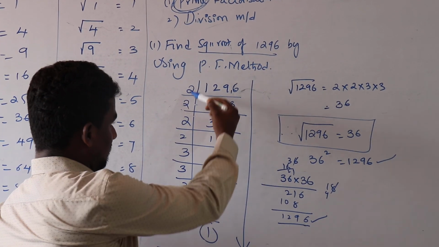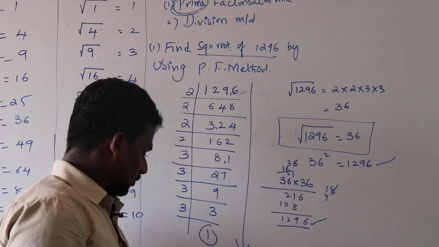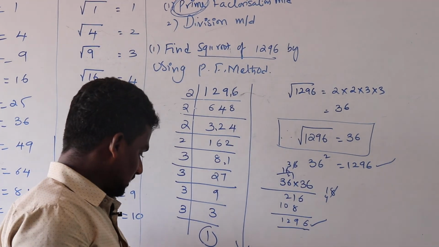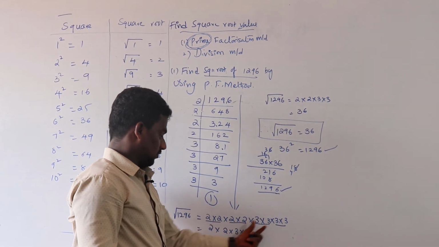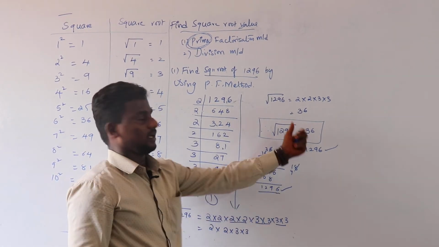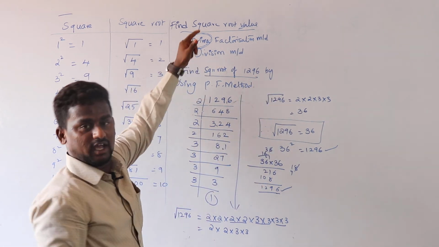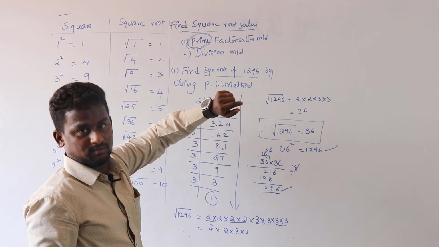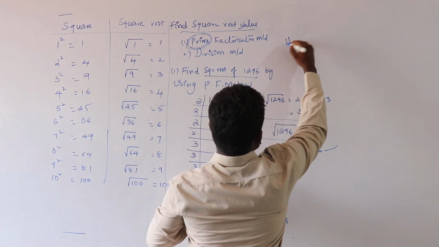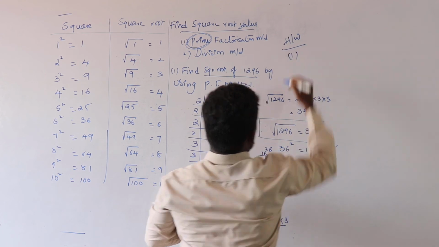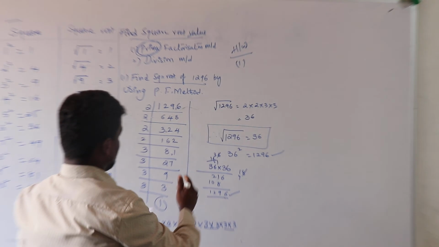Next, I multiply the divisor values, divide them into pairs, take only one number from each pair, and multiply to get the answer. Like this we get the square root of any number by using the prime factorization method. You should do the homework sums like this.